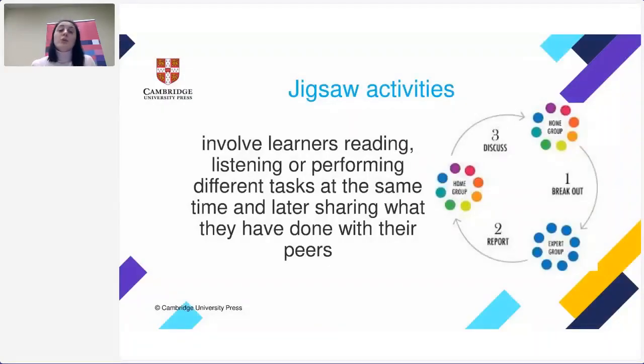Information gap. Another one is Jigsaw Activities. You can see the scheme actually on the right. You divide your students into 3 groups or more, it depends on you. There are 2 home groups and 1 group of experts.